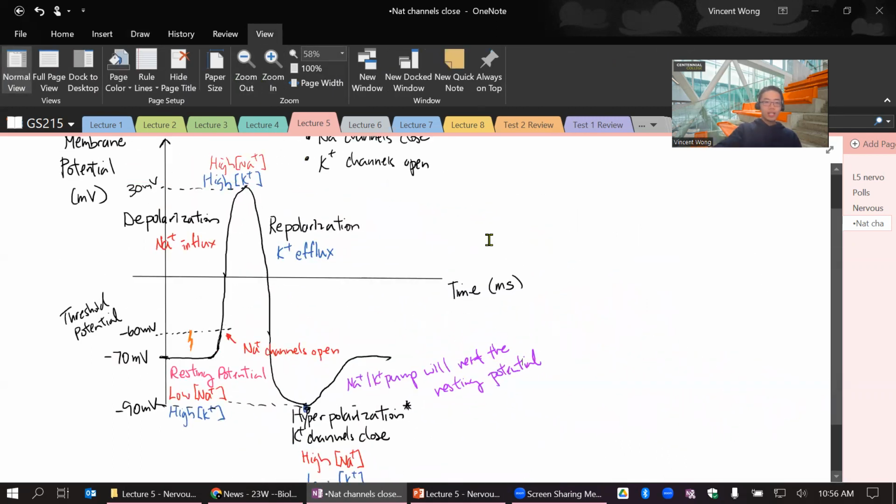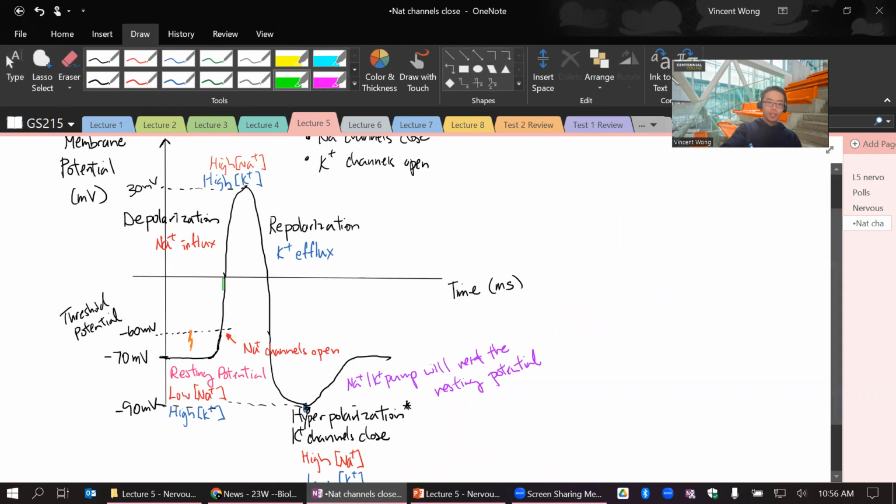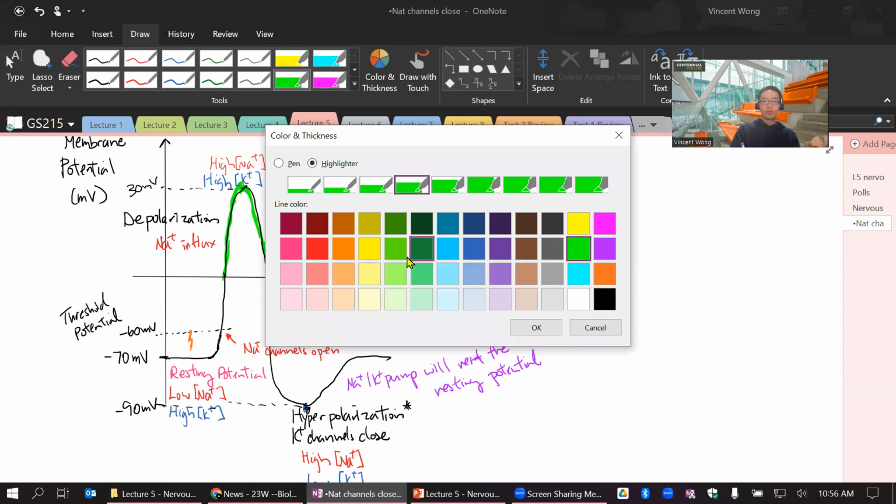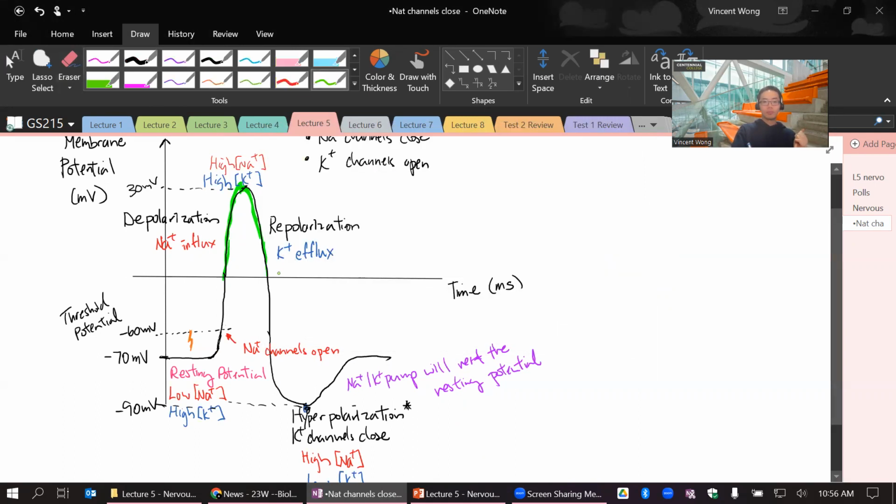So this part right here, where the neuron membrane potential temporarily switched to positive, that's what is referred to as the action potential. So this right here, a temporary flip in membrane potential.